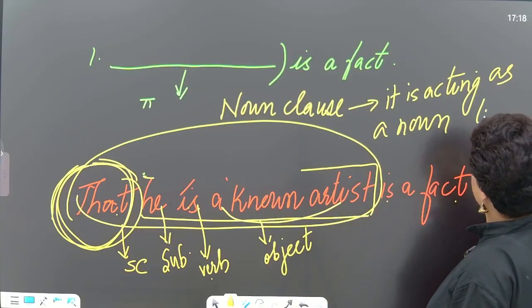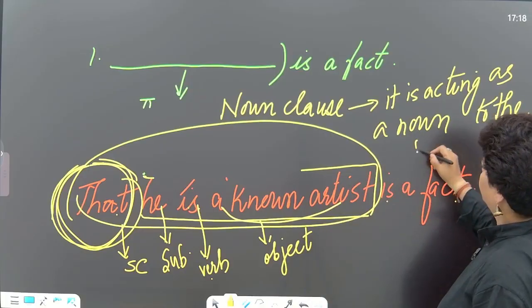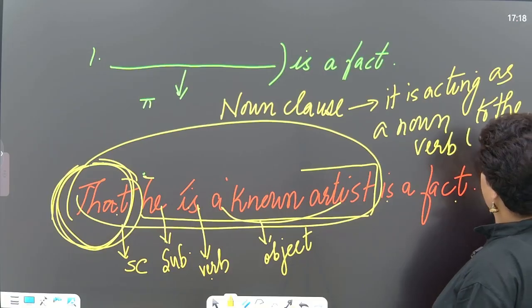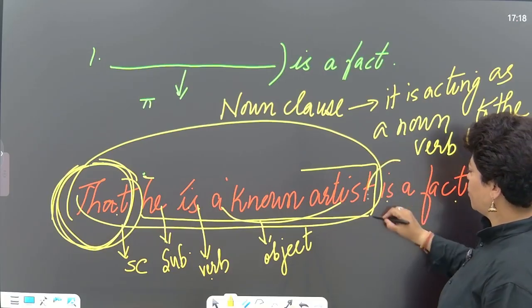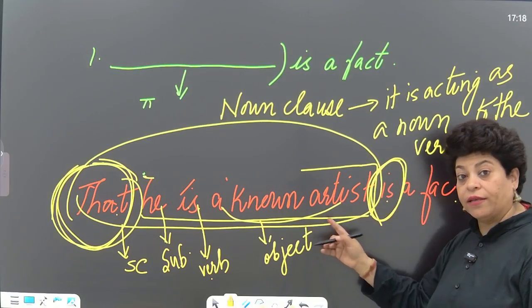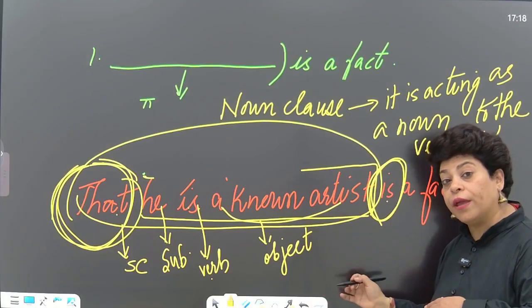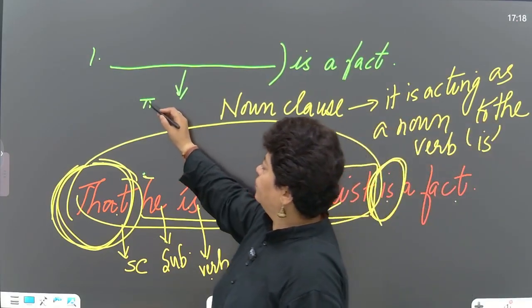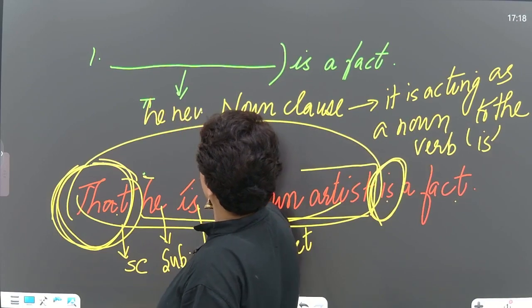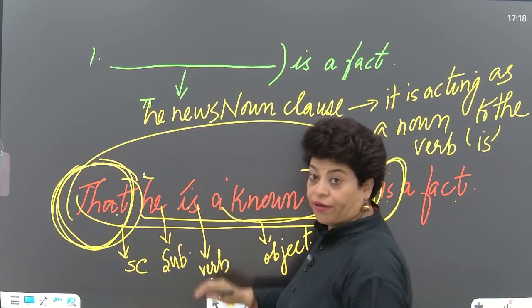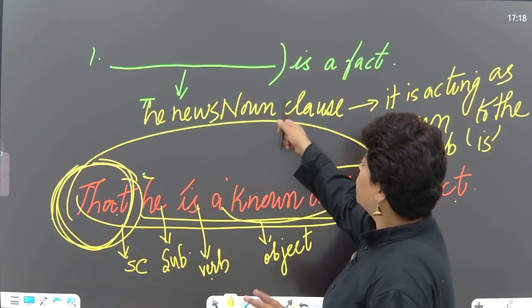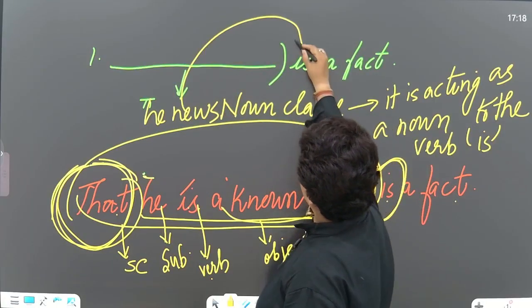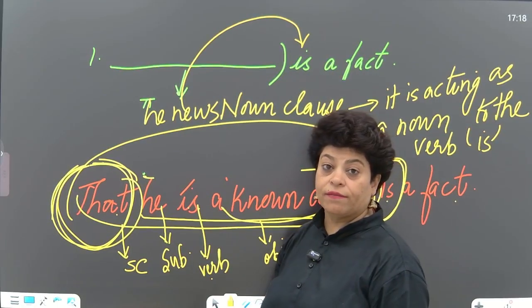Noun to the verb is. Here comes your is. It is acting like a noun to the verb is. What was the news? I told you the news is a fact. So what was the noun? The news was acting as the noun to the verb is.